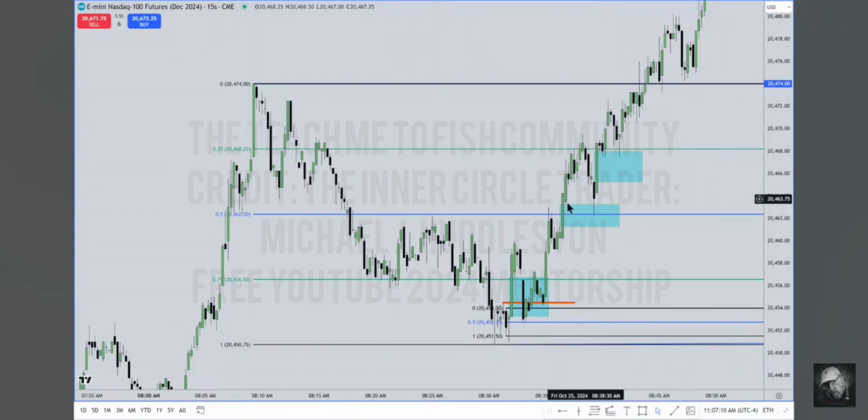So in here, we are in close proximity to equilibrium from the dealing range high, dealing range low. We've already accumulated down here, rallied up, equilibrium, retracement, and then displacement here. So we are seeing this fair value gap dead in the middle, consequent encroachment. We can now take that also.